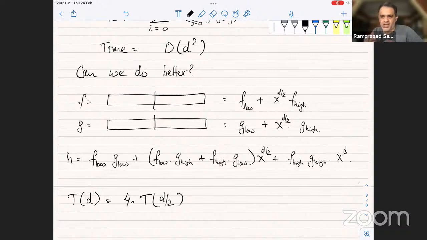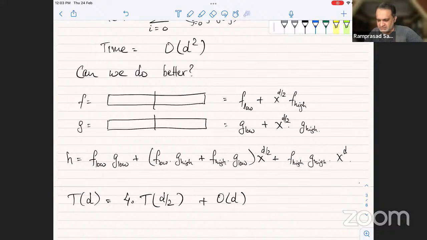And after I do that, what else do I need to do? I am also expected to add a bunch of things. So this is going to end up being some degree d polynomial. This is another degree d polynomial. So I might have to add them up. So all that might take an additional order d operations.